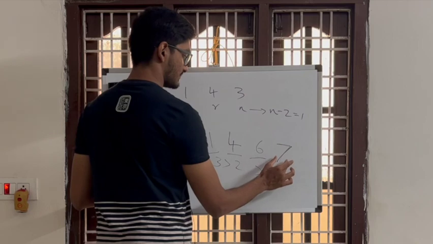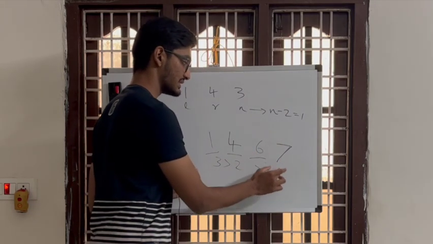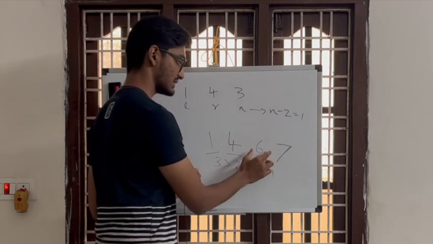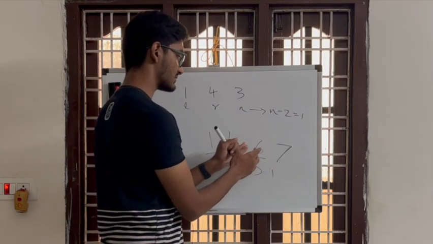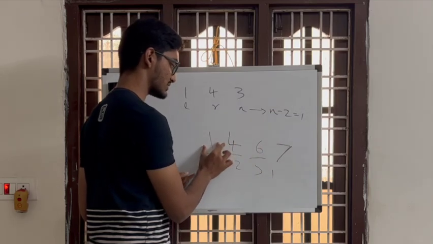We do that using 7. Then since the number which will give us a difference of 1 is 7 minus 1, 6, we'll get 6. And for the difference to be 2, this number should be 4. For the difference to be 3, this number should be 1.